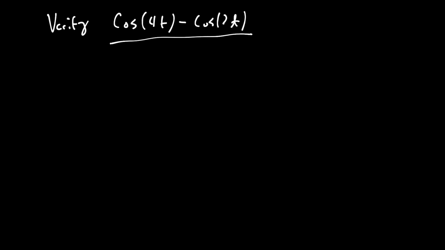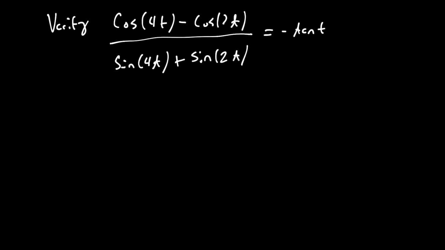And again, we want to verify the following identity, which is given by cosine of 4t minus cosine of 2t divided by sine of 4t plus sine of 2t. And this is going to be equal to negative tan of t. Oops, I made a little bit of a mistake here. This should be a 2t.